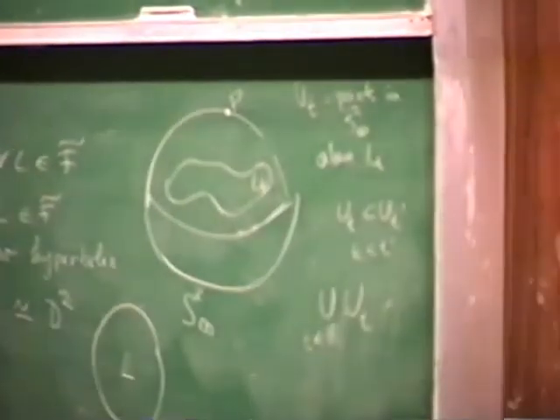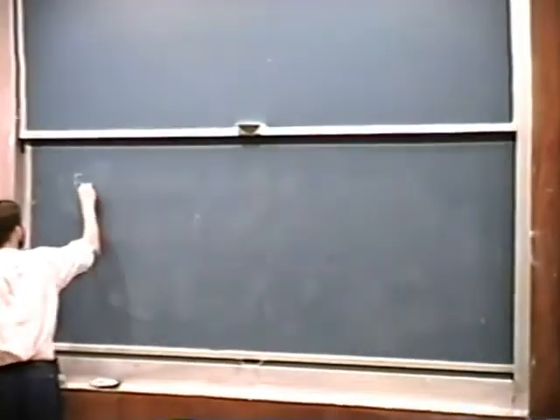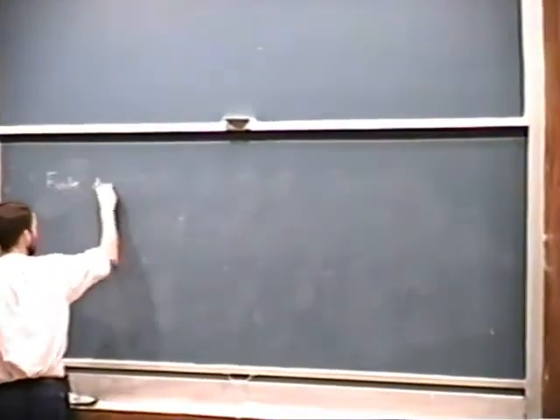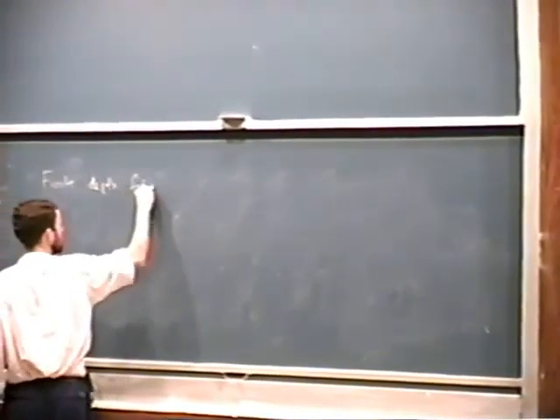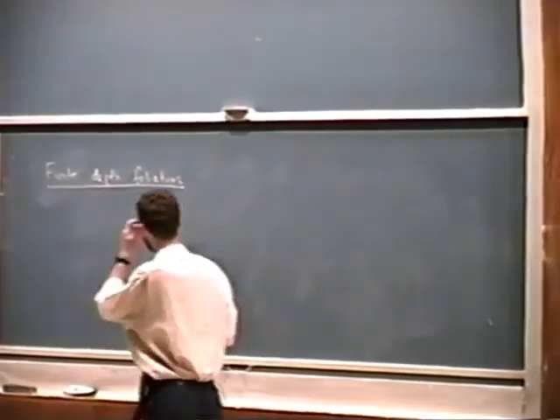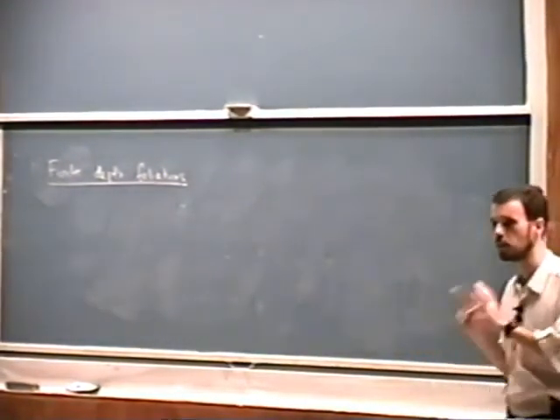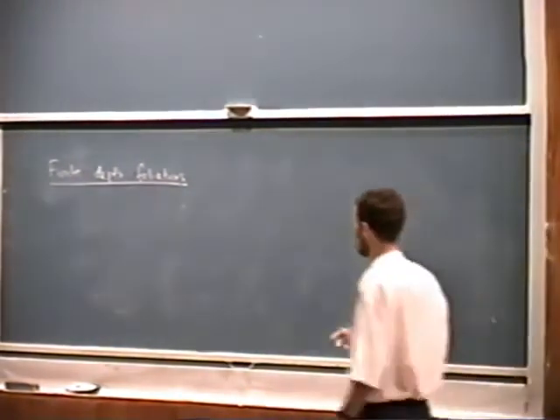All right, so let's see. Oh yeah, finite depth foliations. So finite depth foliations are foliations which reflect directly the topology of your manifold.